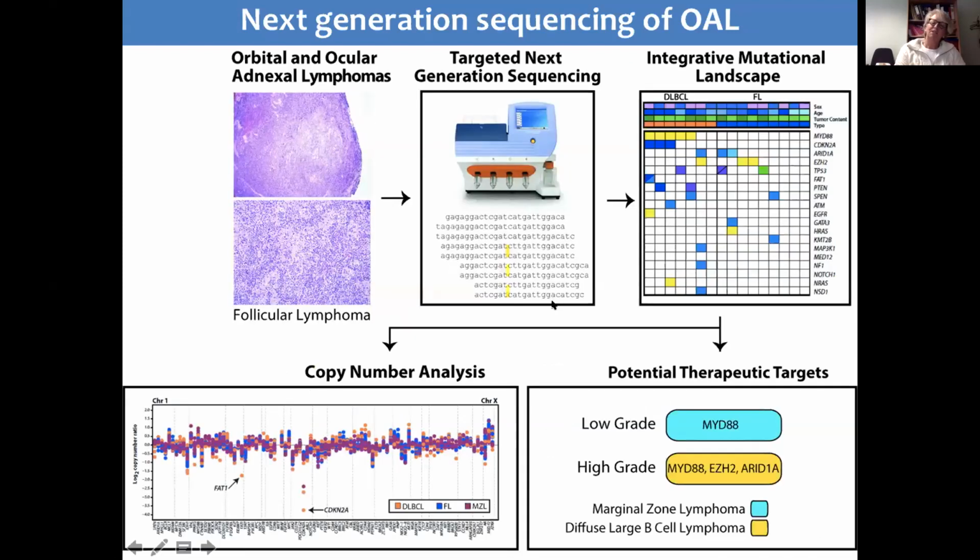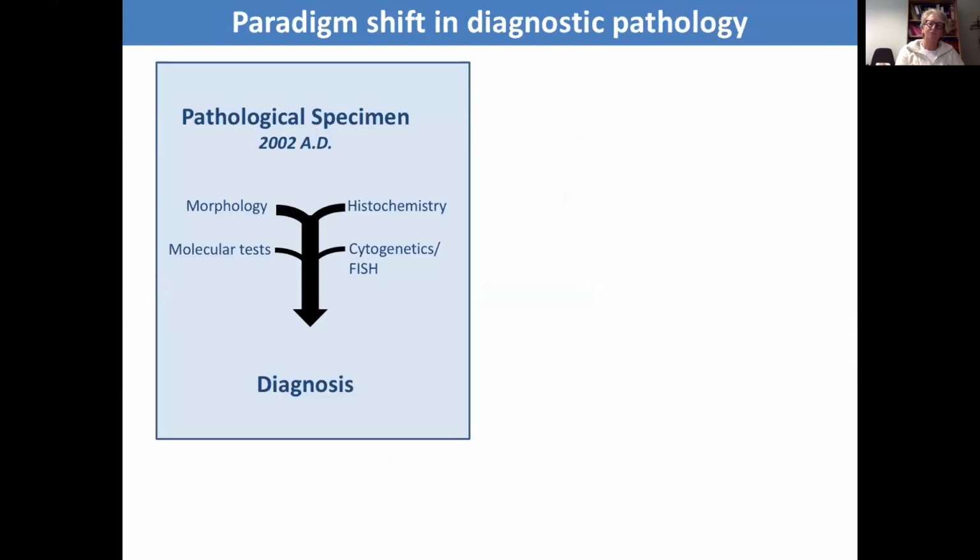And they use this on a regular basis. I guess the advantage of the next generation sequencing panels is that you can undertake a large number of investigations simultaneously. And particularly if you're using a pyrosequencer, as this is what this is, then you can apply this technique on formalin fixed paraffin embedded samples.